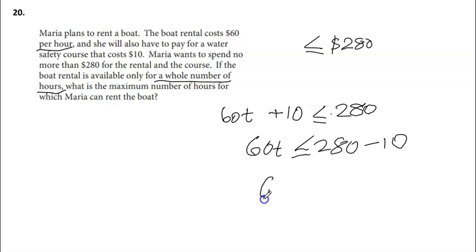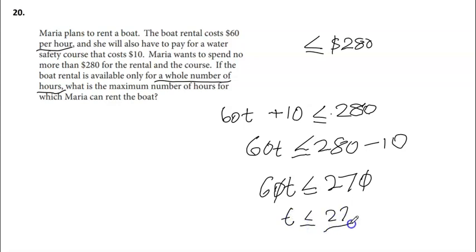Right? So 60t is less than or equal to what? 270. Right? We can cross out the zeros. Crossing out the zeros means divided by 10 each side. Right? And then we have t is less than or equal to 27 over 6. Right? We divide by 6 so that the t stands alone.